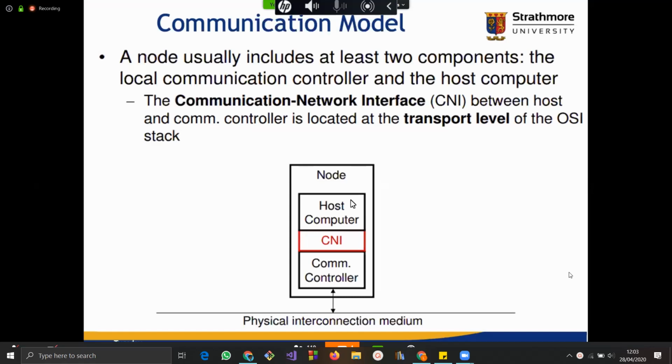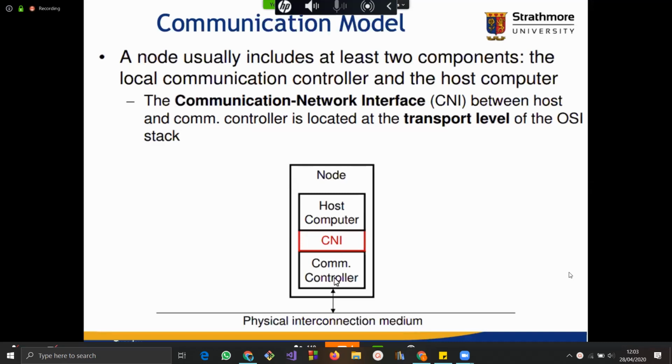What we are to model: we'll have the compute microprocessor with your microcontroller. Then you have your communication network interface, and then a communication controller. The communication network interface is the one that connects your microprocessor.